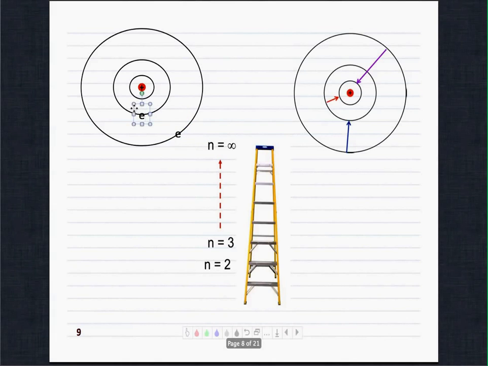Then after a while, those electrons go back from a higher level to a lower level, and by going back to the lower level, they emit light, which is what we saw right now, in the form of a package of energy, which we call light.